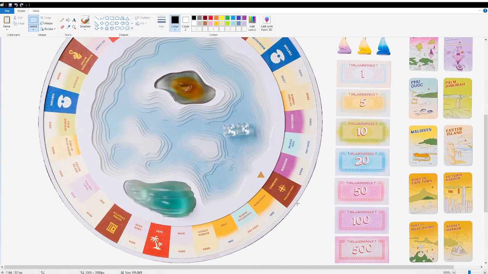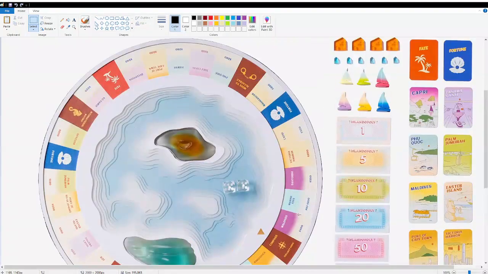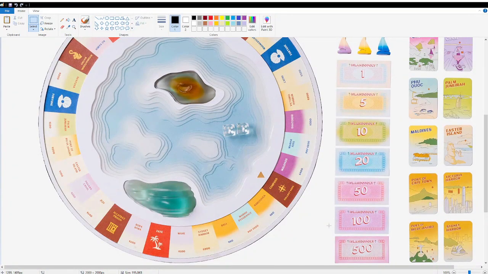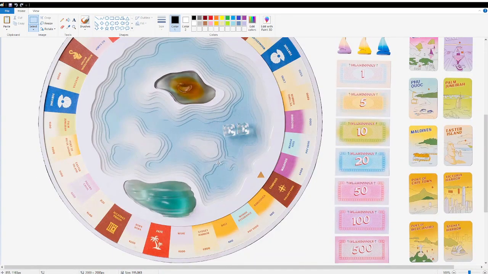So at first glance, it doesn't really look that interesting. Honestly, the main reason why I found this one fun is the names of the properties, because it has exotic locale sounding things. One thing that's interesting about this is it's actually smaller than a traditional Monopoly board, and all of the property groups only have two spaces in them. Another neat feature, though, is that they color coded spaces to tell you what kind of space it is.